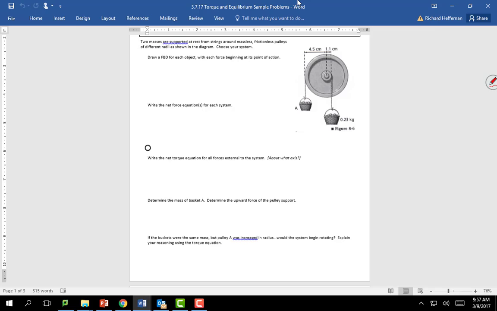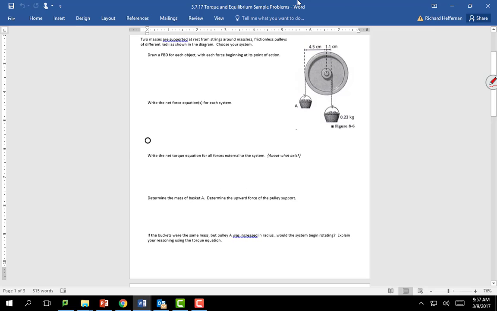First thing with an equilibrium problem or a balanced torques problem, same as with balanced forces: draw a free body diagram. But now that we're dealing with rigid objects, we're not just treating the object as a point. We're drawing all the forces where they actually act.